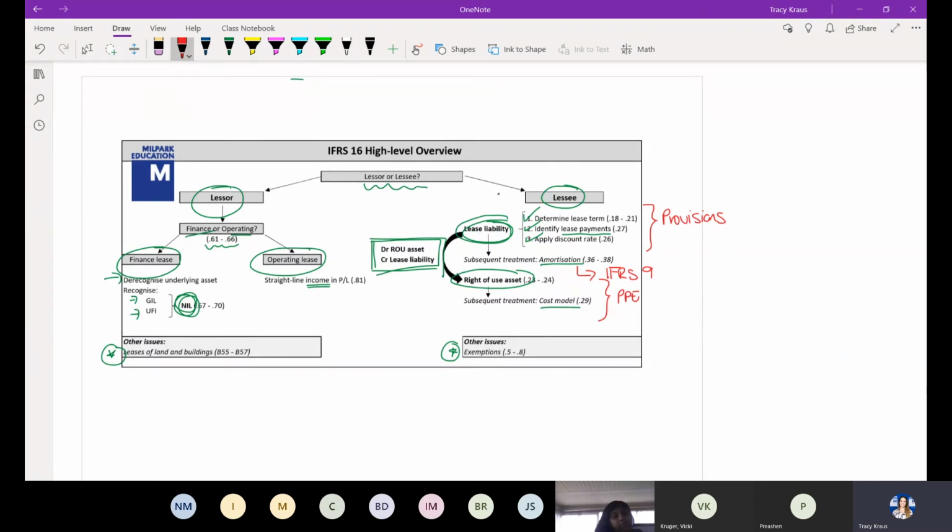And finally, we mentioned the exemptions that we have for the lessee. The exemptions apply to short-term leases, so leases of less than 12 months, and leases of low-value items. And remember, those are low-value items new, and that's not related to the materiality of the company. It's meant to be low-value items across the board.